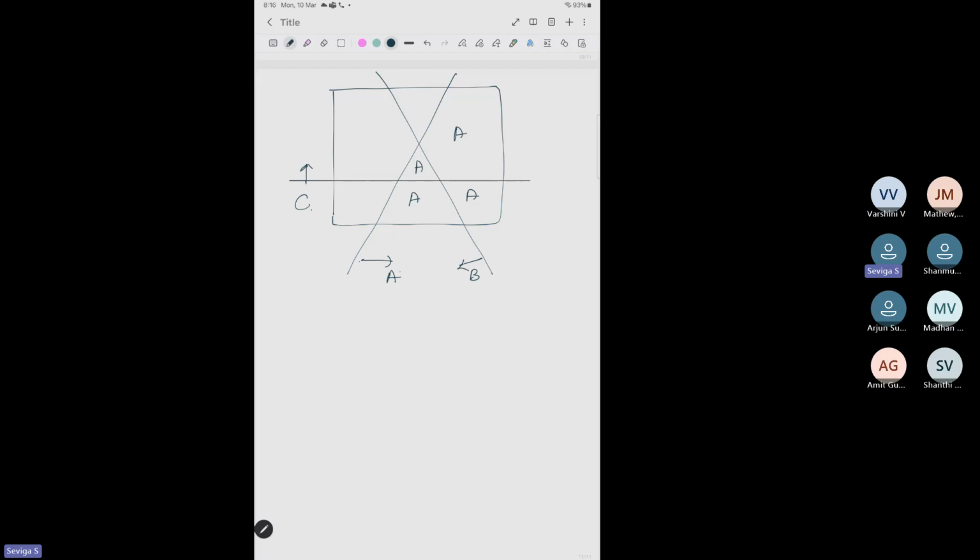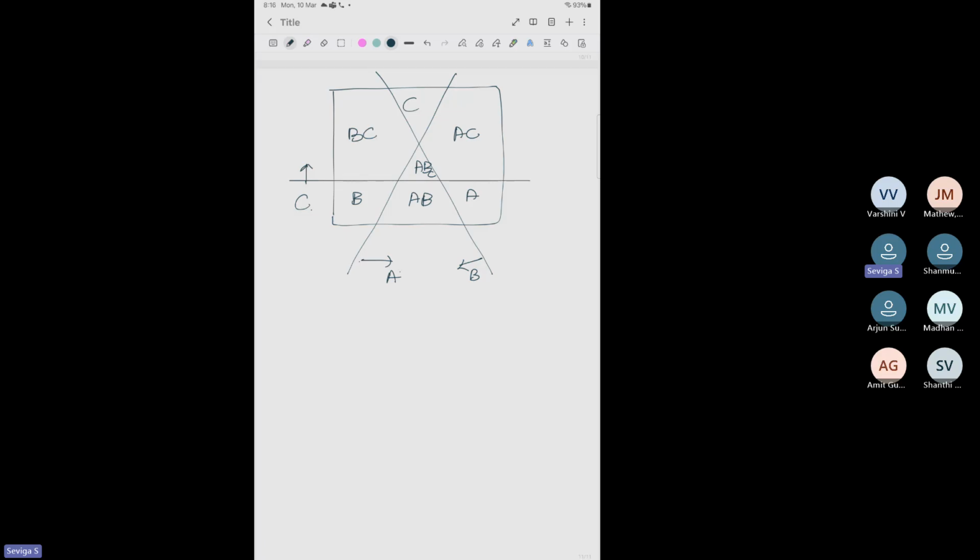This region is the positive side of B, so all these regions are the positive side of B, and I am writing B here. This region is a positive region of C, so I am writing C in all these regions. So we have marked each region based on the learner's name. If it is positive, we have written the region name.